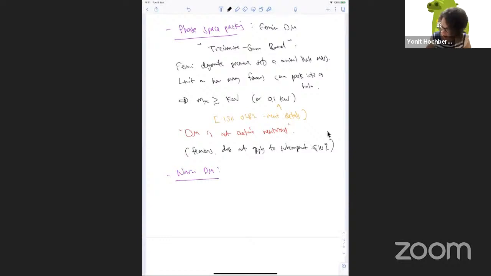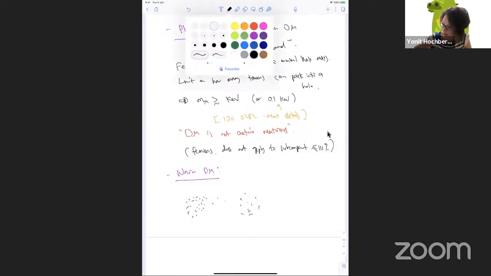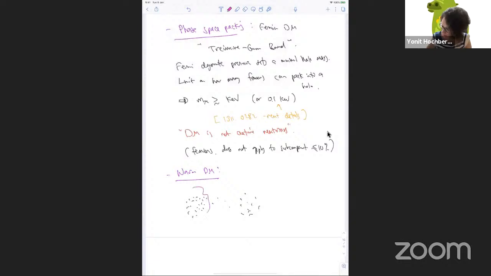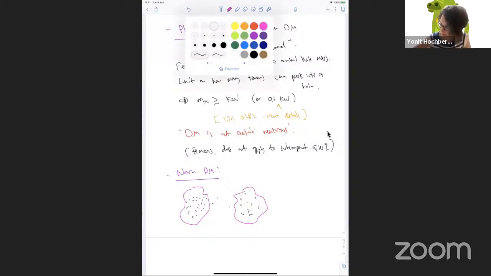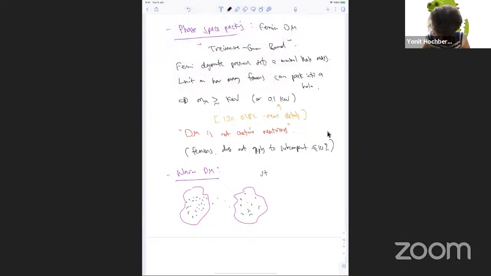Maybe here's my overdensities, a lot of them. Here it's more sparse, and then here there's again a lot of them. Structure is going to form over here, and structure is going to form over here. So structure forms from dark matter overdensities in the early universe.